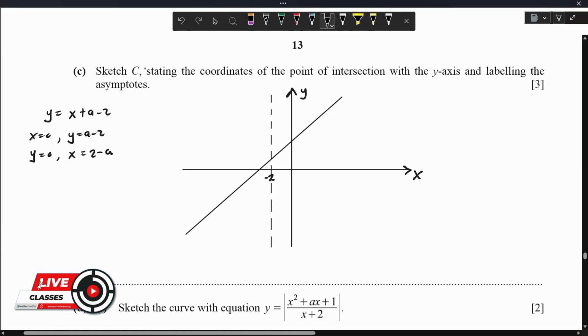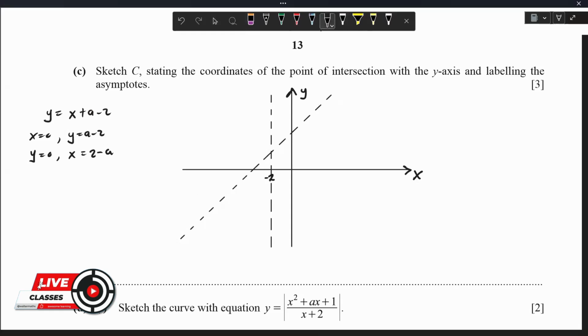Remember, a is anything greater than 2.5. So 2 minus anything greater than 2.5 should always be less than -2. So it should be coming from a point like this. I think we have drawn the line quite well.